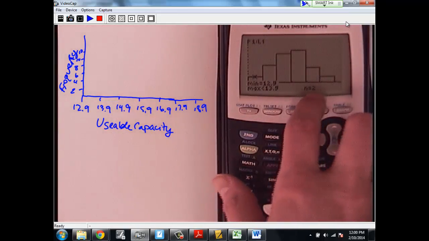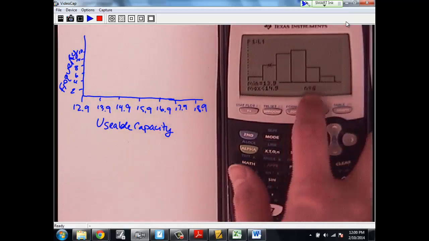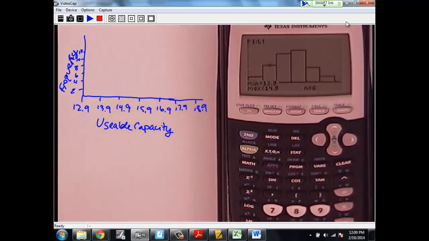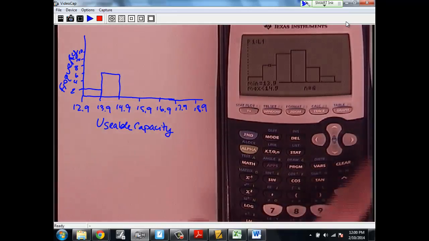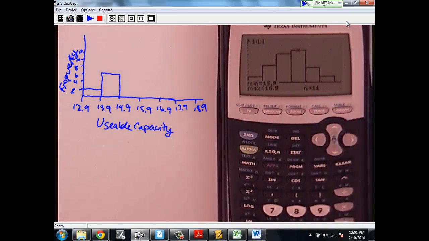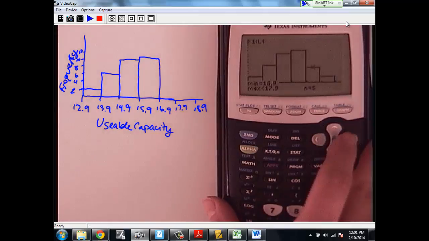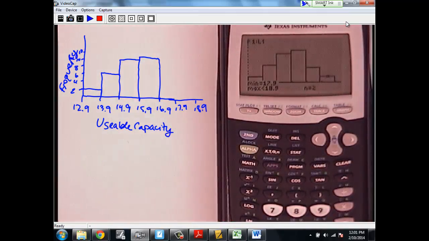Here I have 2 in this bar, and in the next bar I have 6. And 11. And 2.